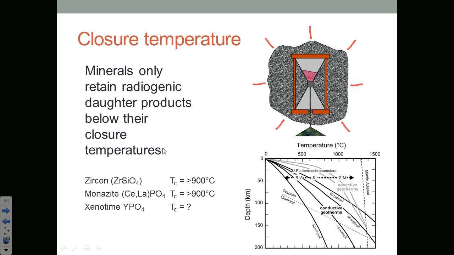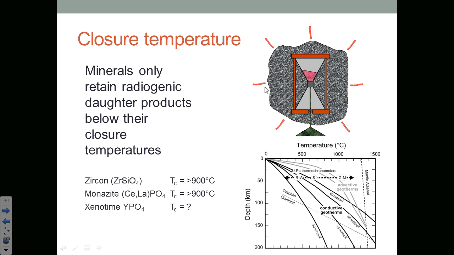Okay, so another thing we have to worry about when we do geochronology is, what if this hourglass, this system where we have the decay of parent isotope to daughter isotope, what if there's a leak in it? And the way that that can happen is if we heat up the rock enough at some point, either as it's forming or later in its history, such that the daughter isotope diffuses out of the crystal.